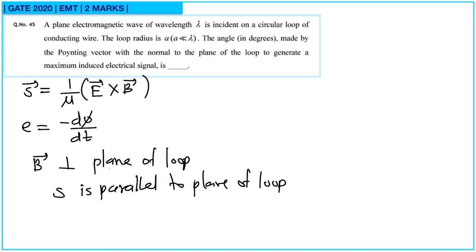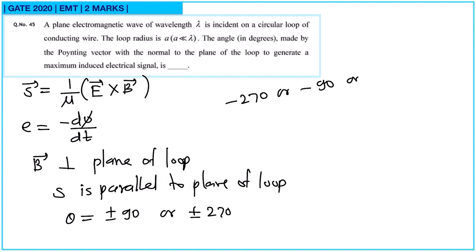If B bar is perpendicular to plane of loop, then S bar is parallel to plane of loop. So this angle theta can be plus minus 90 degree or plus minus 270 degree. And the answer in the answer key is minus 270 or minus 90 or 90 or 270.